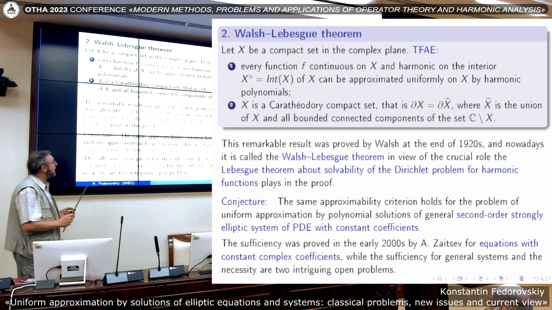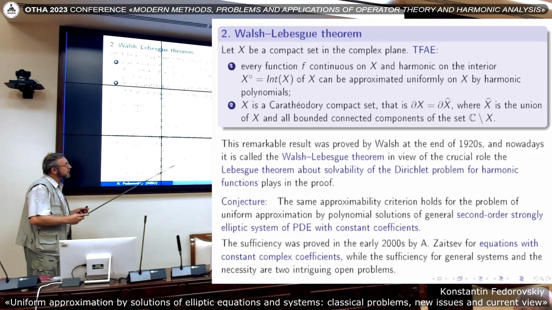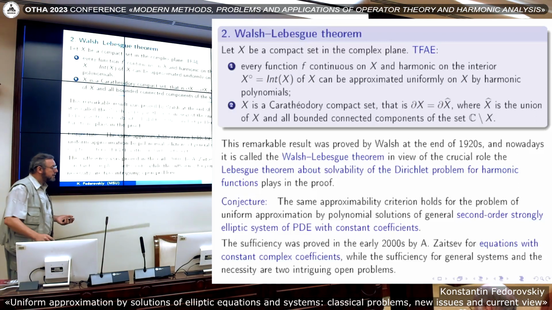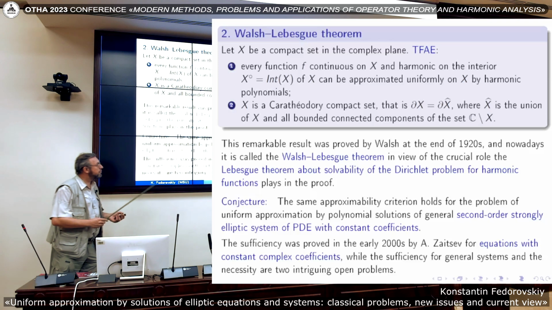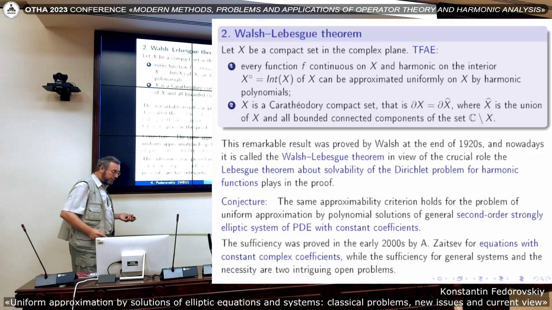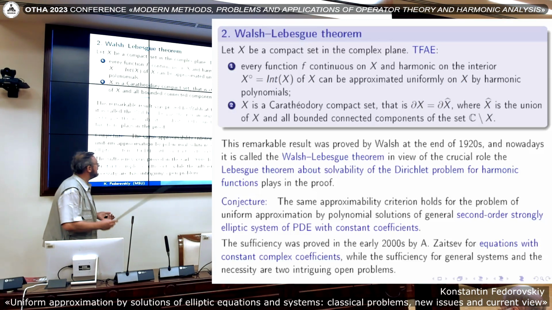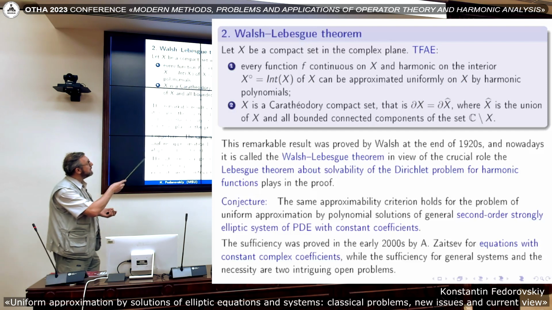Well, actually this result was proved by Walsh, but why nowadays is it known as the Walsh-Lebesgue theorem? It's just because the Lebesgue theorem about solvability of the classical harmonic Dirichlet problem in an arbitrary bounded simply connected domain in the plane is an important ingredient of the proof.